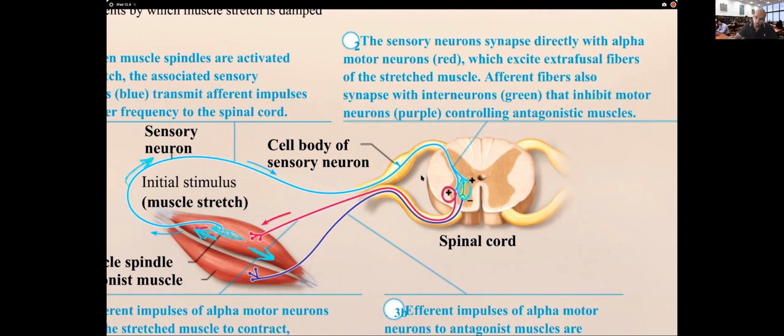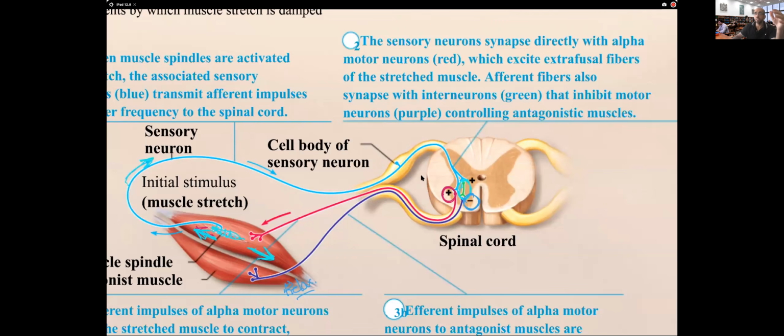And at the same time, you're going to be performing a relaxation of the antagonist muscle. So for example, if I have stretch of my quadriceps, the quadriceps needs to contract, but at the same time, I need to relax the hamstring muscles for me to perform the action.